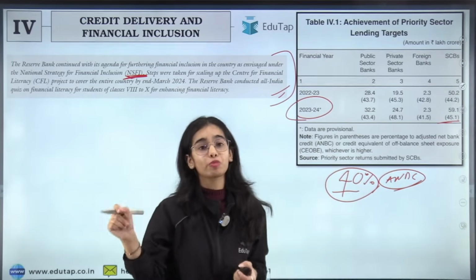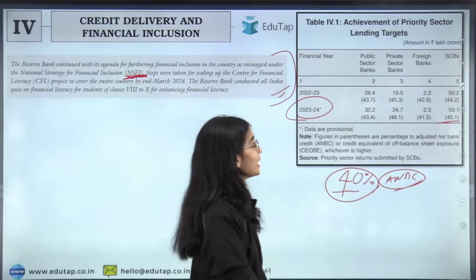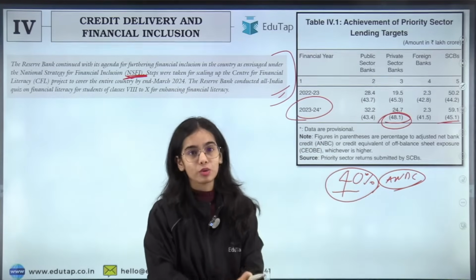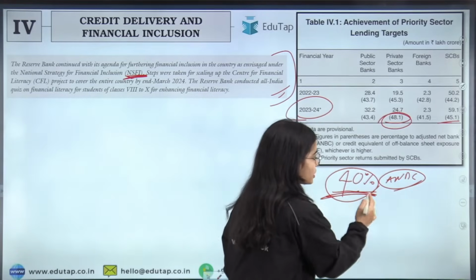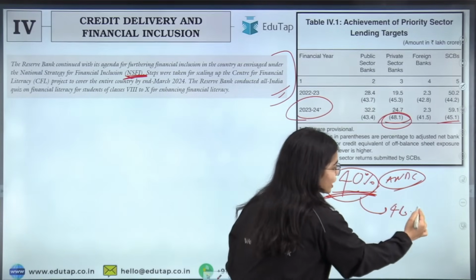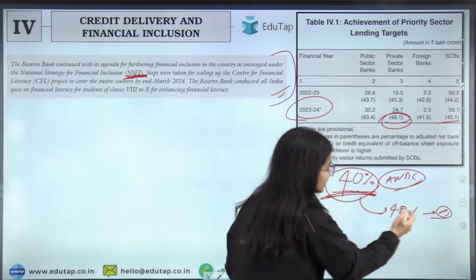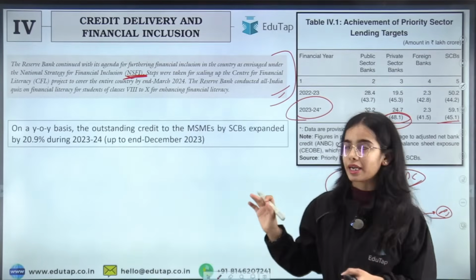In this, the private sector banks have done nearly 48.1%. So they have to do 40%, but the private sector has done 48.1% of the lending to the priority sector. The public sector has done 43.4%. So this is the idea.